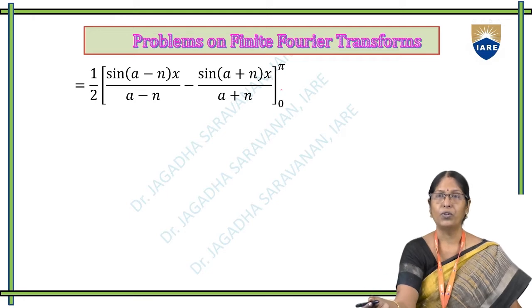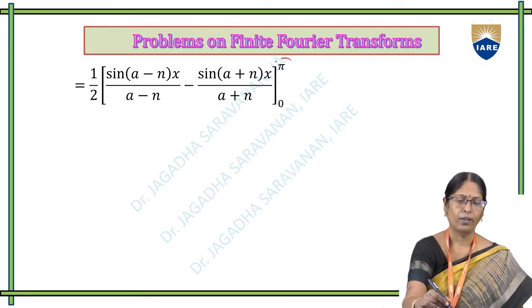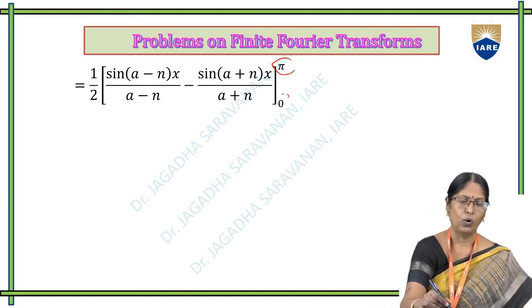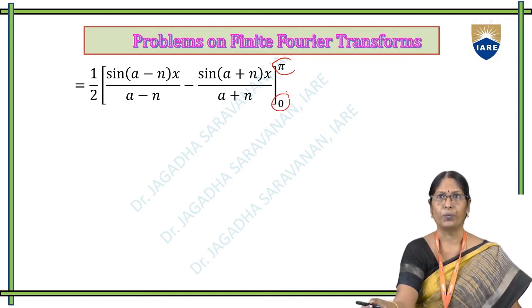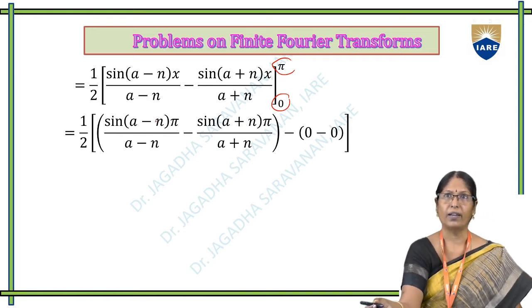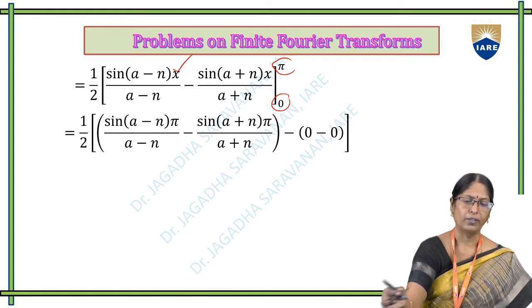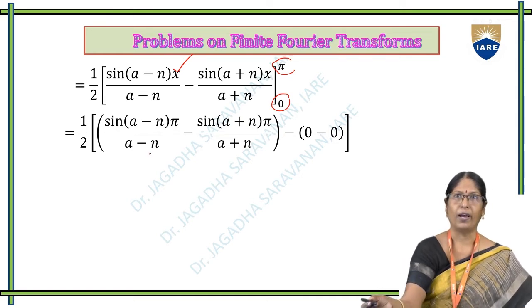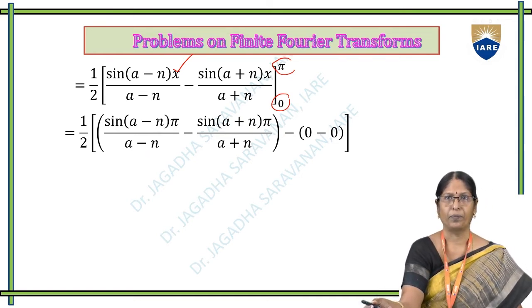Yes, then 0 to pi. Now, our upper limit is pi, lower limit is 0. So in sin of (a minus n)x, in place of x we will substitute pi divided by (a minus n).